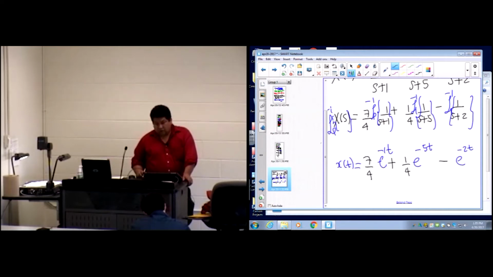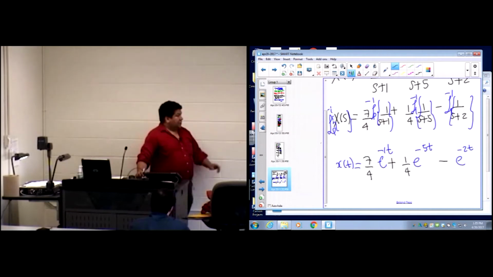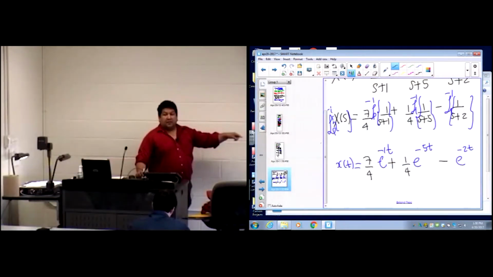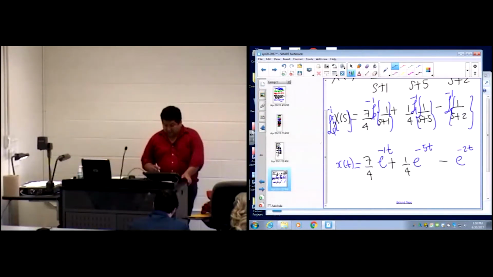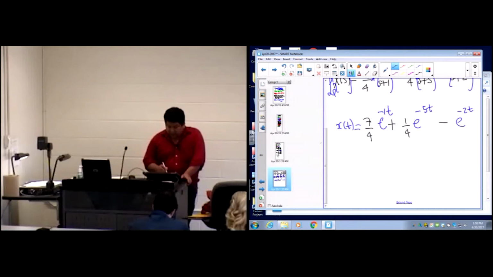An important thing is for you to verify that this would satisfy the differential equation. So you can differentiate once, differentiate twice, and verify that the differential equation is satisfied. Also, you can verify little x evaluated at 0.